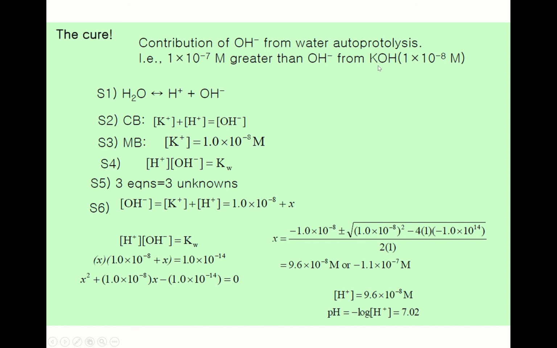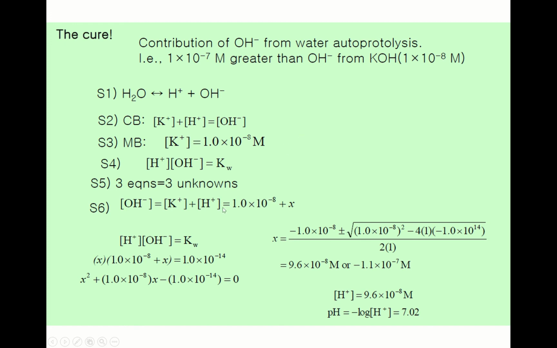Since KOH completely dissociates, the mass balance equation is very simple: the potassium ion concentration is 10 to minus 8 molar. How many unknowns? Potassium, proton, and hydroxide: three unknowns. And how many equations? One, two, three. So it can be solved.